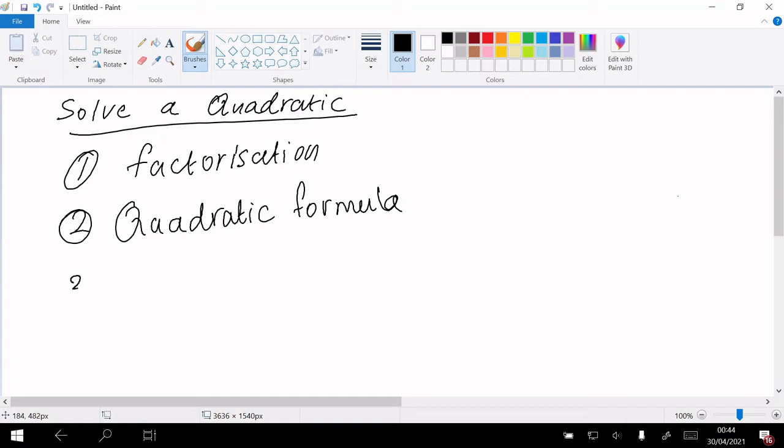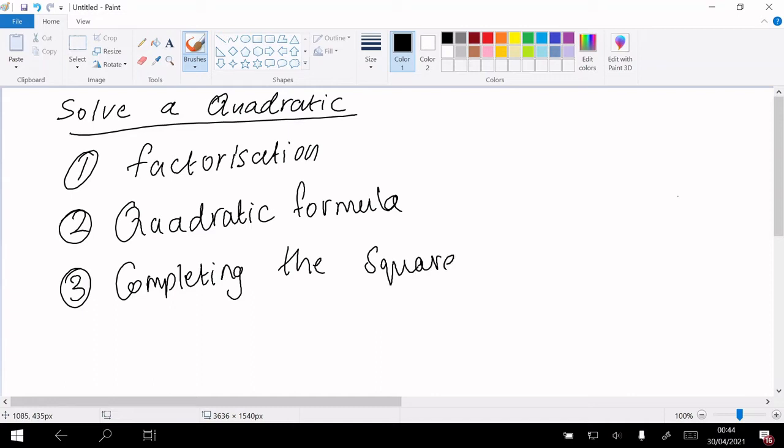And the third method is completing the square. So there are these three different methods which can be used to solve any kind of quadratic equations.